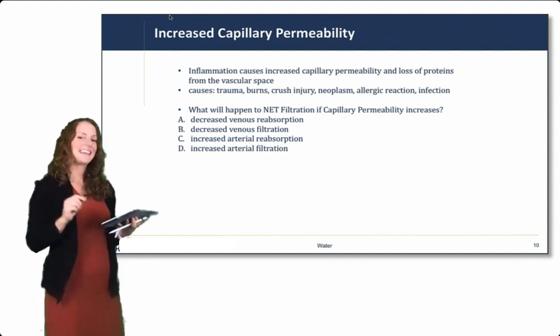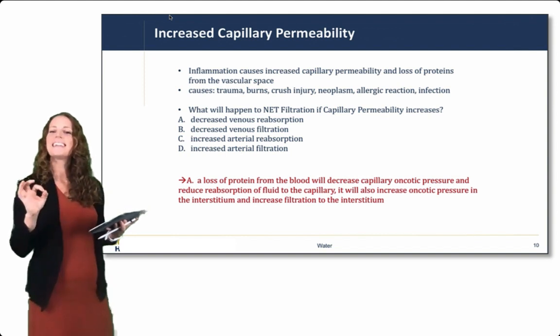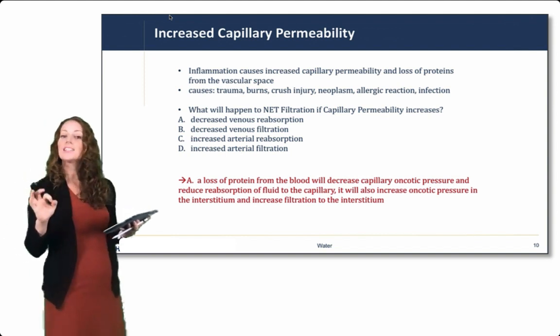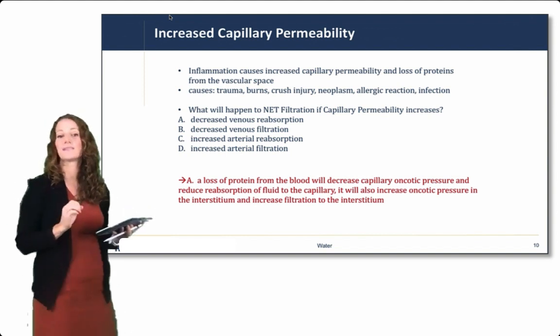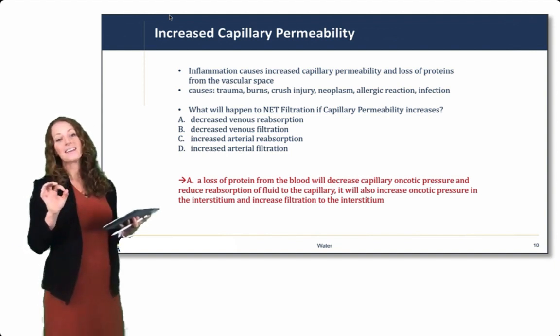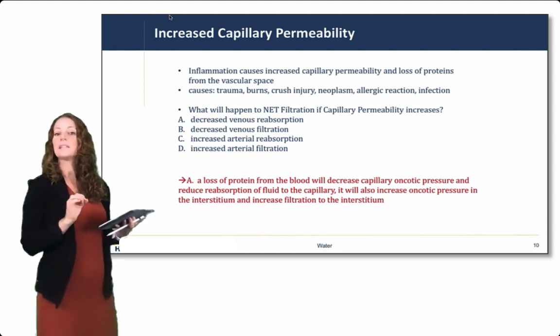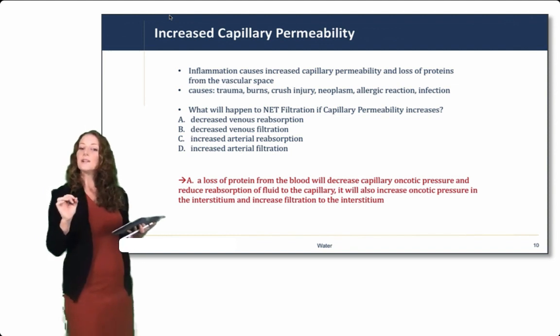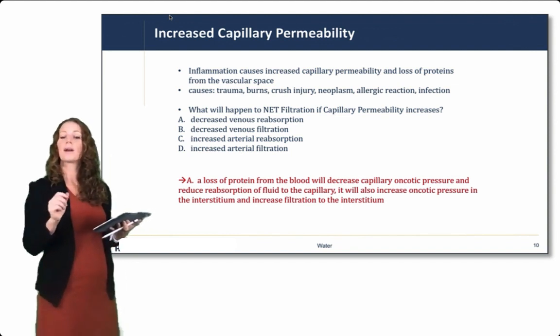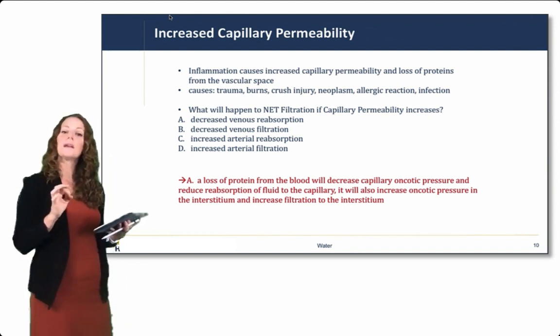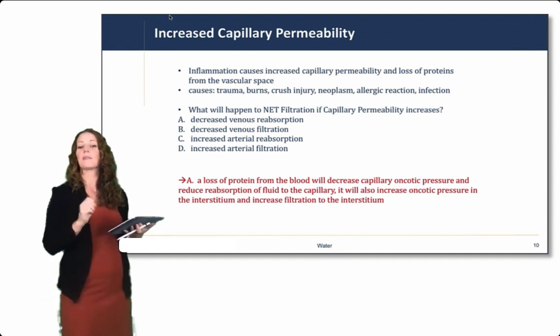Pause for a minute and use your diagram to work this out. All right, did you get it? The best answer is A, although it's possible to argue for some of the other answers. A indicates that a loss of proteins from the blood will decrease the capillary oncotic pressure and reduce the reabsorption of fluid to the capillary.